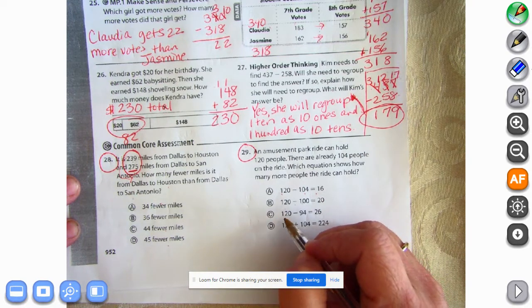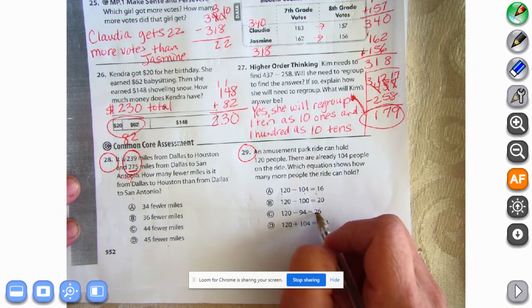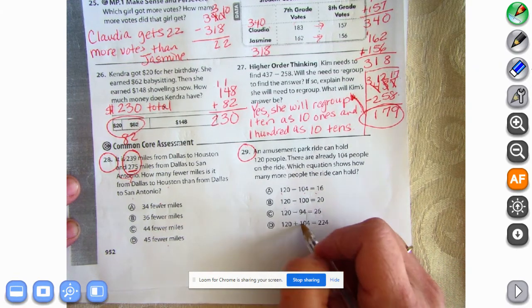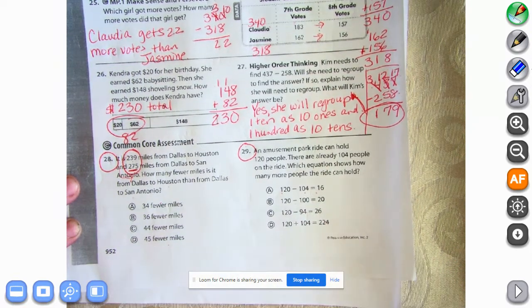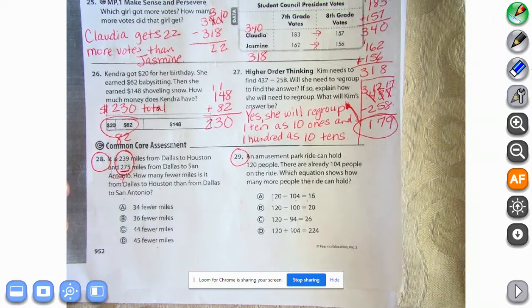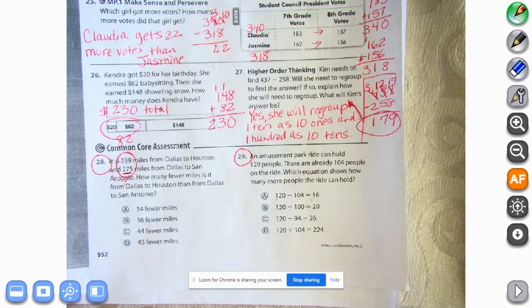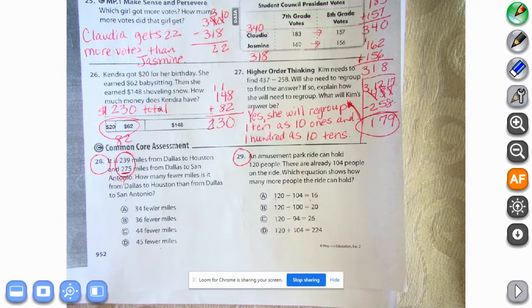Would you do 120 minus 94 equals 26 people? Would you do 120 plus 104 equals 224 people? Which of those problems is going to work for this problem up here? They can have 120. We've already got 104 people on there. So how many seats are left to sit in?